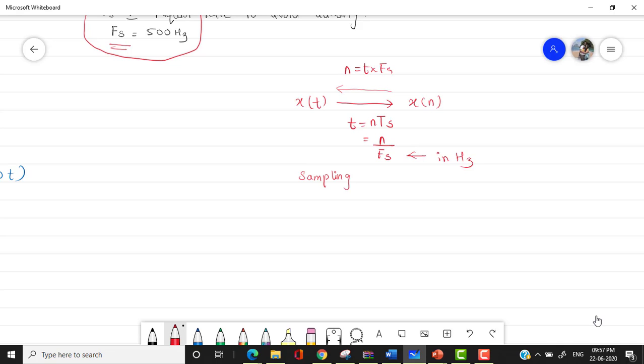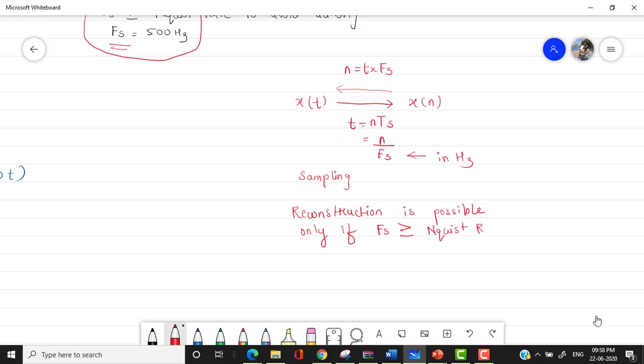So reconstruction is possible only if the sampling frequency is greater than or equal to the Nyquist rate.